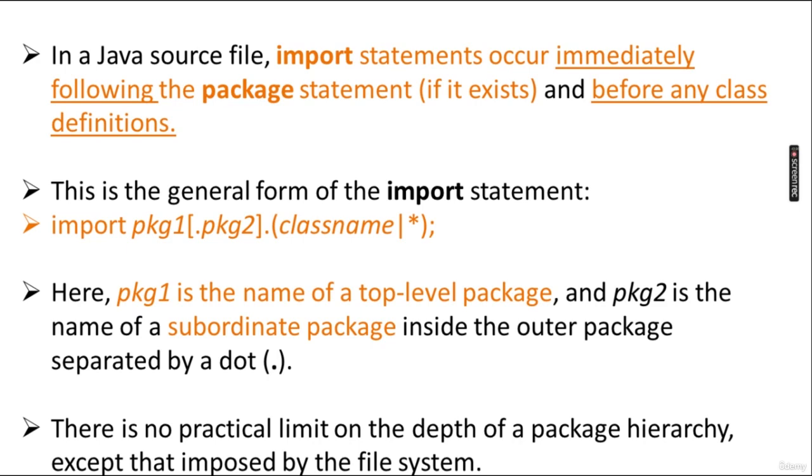This is the general form: import keyword, then package name 1 dot package name 2 dot package name 3, and so on. After that, class name or star. If you are giving a star, all classes from that particular package will be imported into your code. What is importing? It will include your inbuilt Java class, and in that inbuilt class, say for example, you are importing the math class.